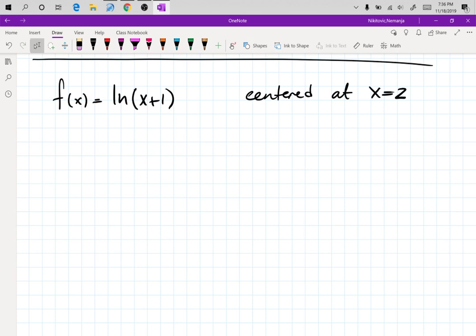About 4 terms should be enough. If you did 5, I mean.